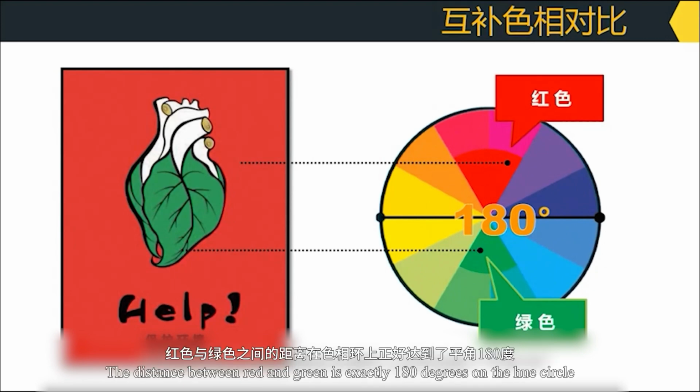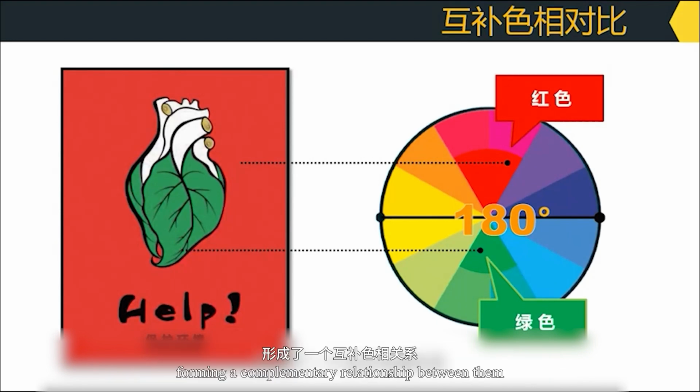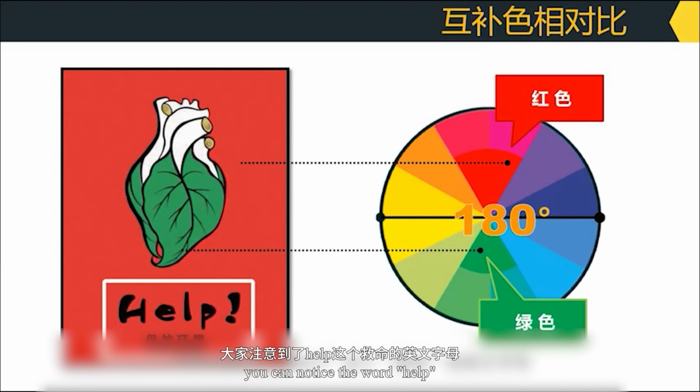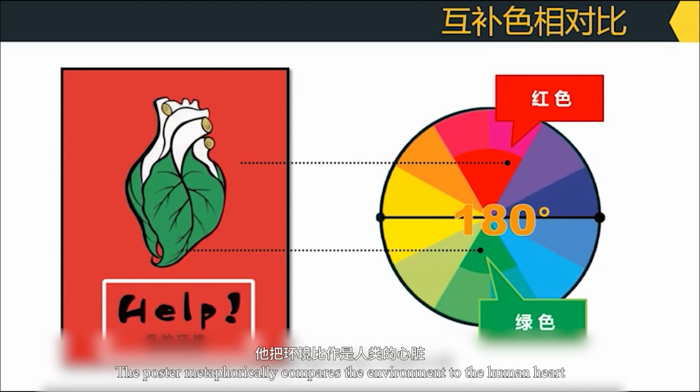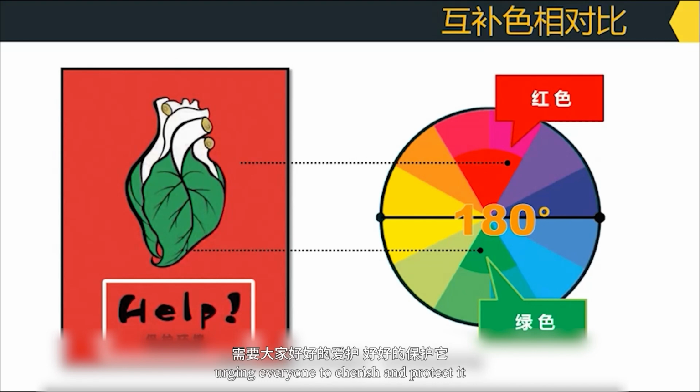The distance between red and green is exactly 180 degrees on the hue circle, forming a complementary relationship between them. This makes the contrast of the picture more intense and prominent. In the lower part of the poster, you can notice the word "Help," conveying the message of protecting the environment. The poster metaphorically compares the environment to the human heart, urging everyone to cherish and protect it.